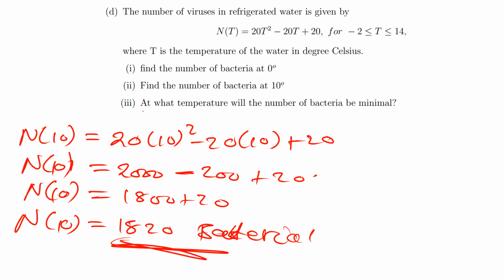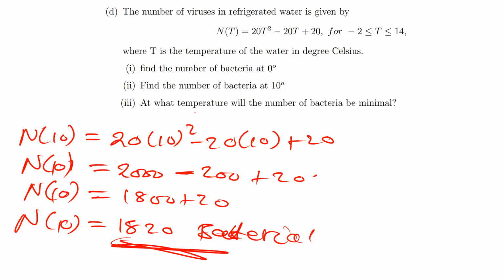Now we have this last question, which says, at what temperature will the number of bacteria be minimal? This one we're going to apply the concept of the minimum and the maximum. You can either use the completing the square method or the simple method I told you about, which you can use to sketch these graphs.